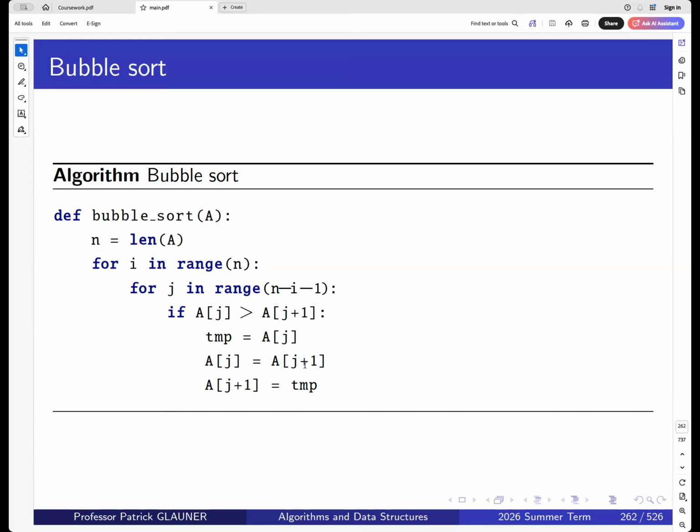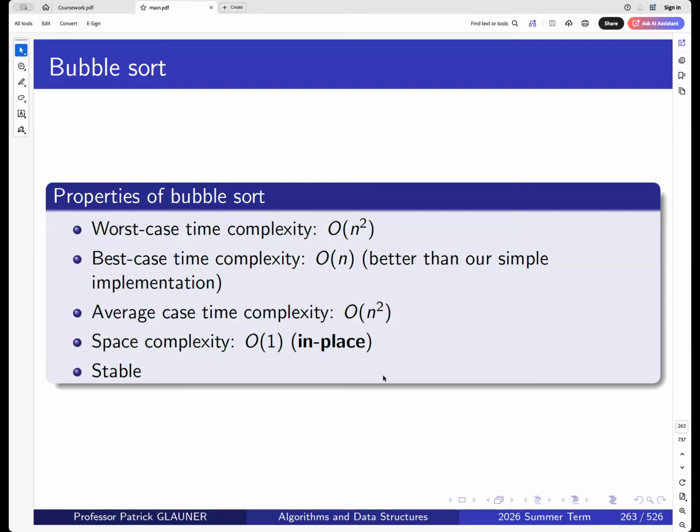But the space of this is constant. So we say an algorithm for which the space is constant or not subject to n is an in-place algorithm. So in place means constant space. And this algorithm is stable.